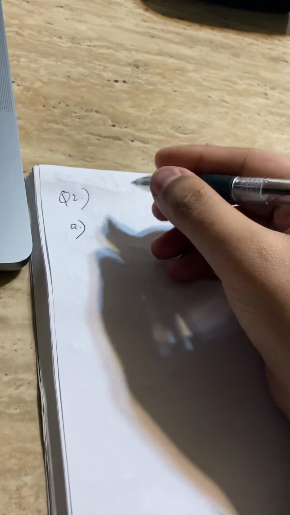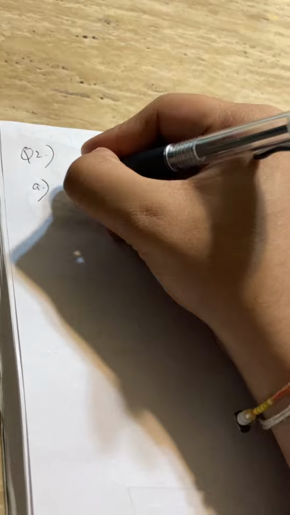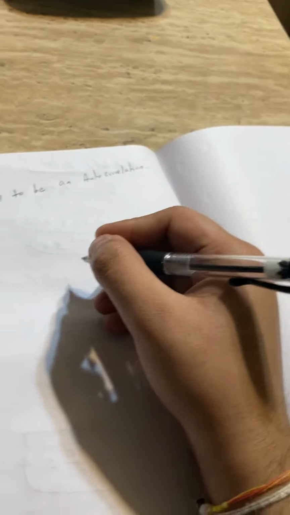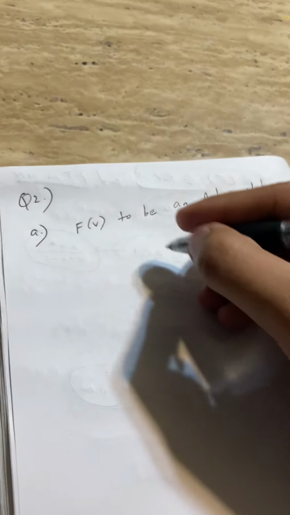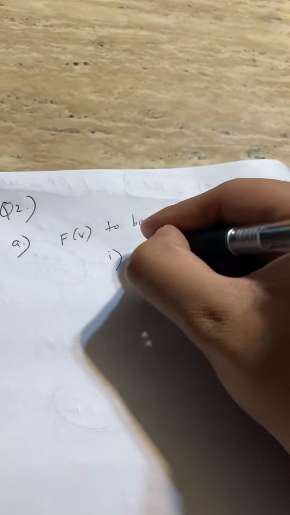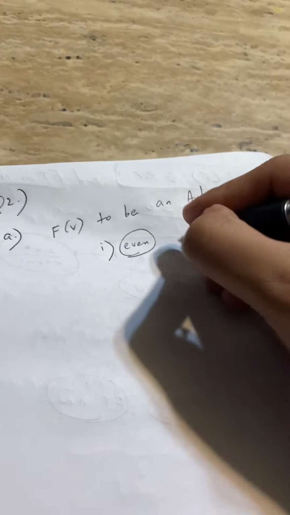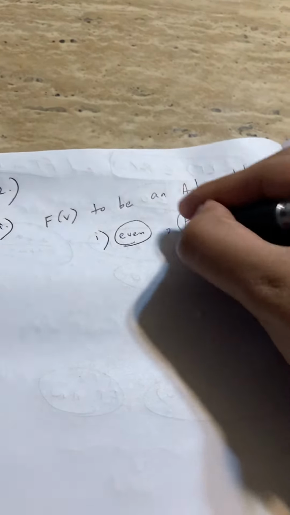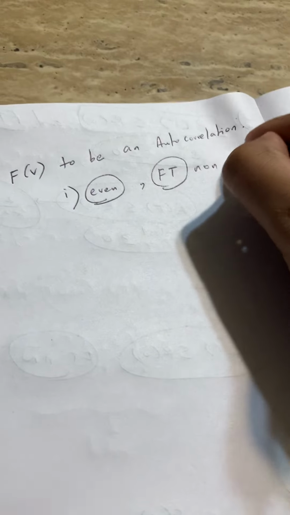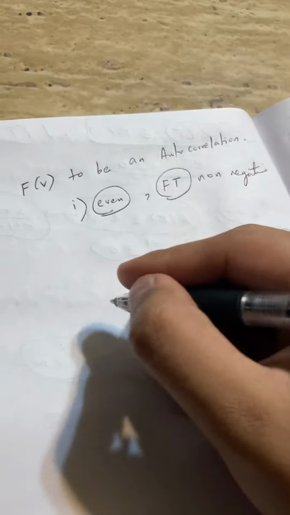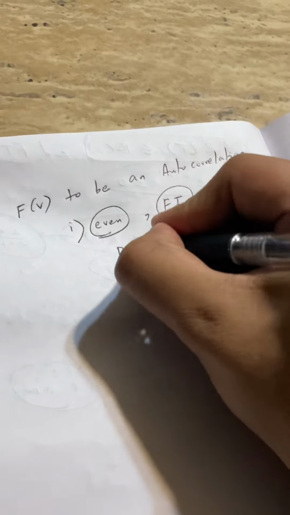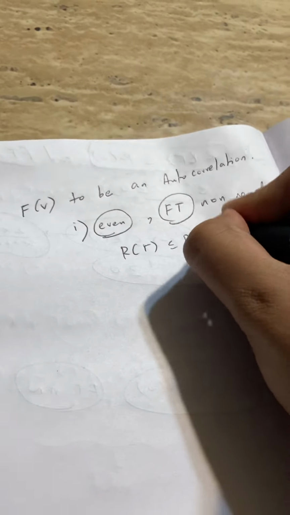For a function f of v to be an autocorrelation function, we do know that there are two conditions. One is that it should be even and its Fourier transform must be non-negative, and also r of tau must be less than or equal to r of 0.